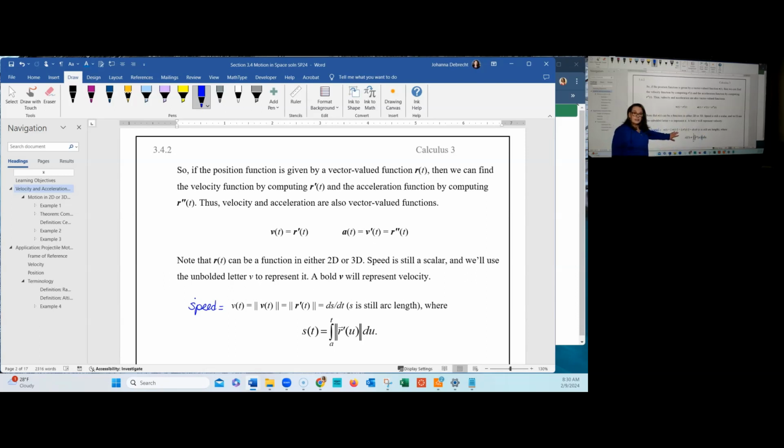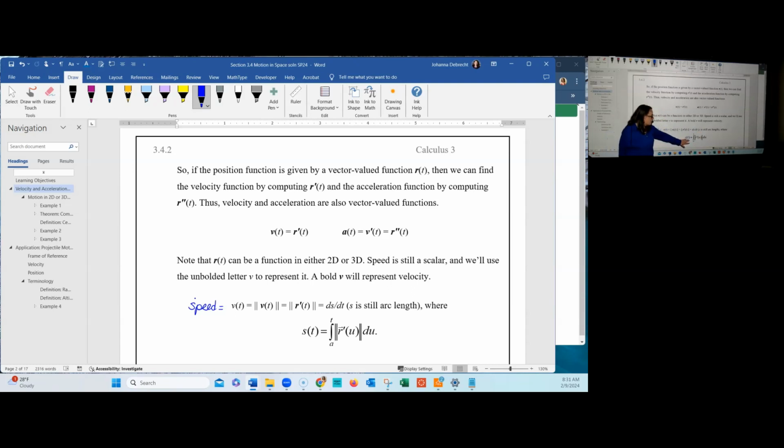It is the magnitude of the vector representing velocity, which is the magnitude of the derivative of the position vector. If we want to do it in terms of arc length, as we discussed in a previous section, we can write it as ds/dt, where s is still the arc length parameterization.